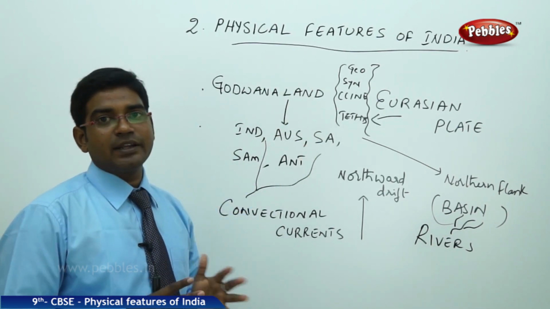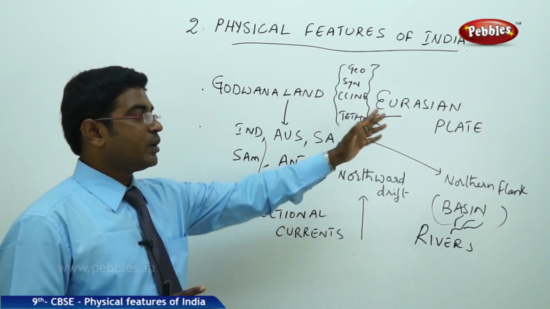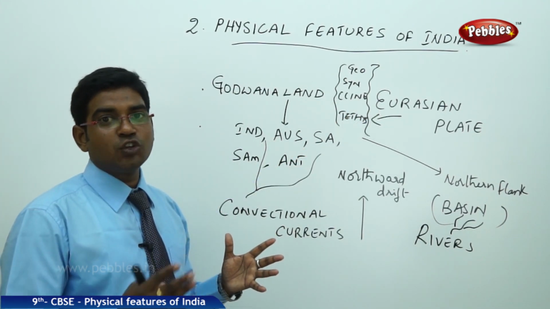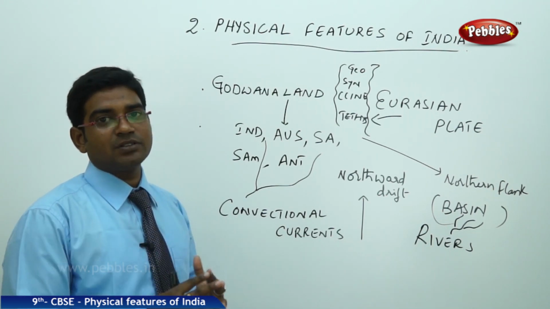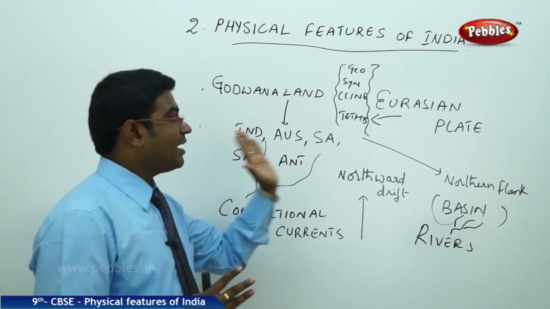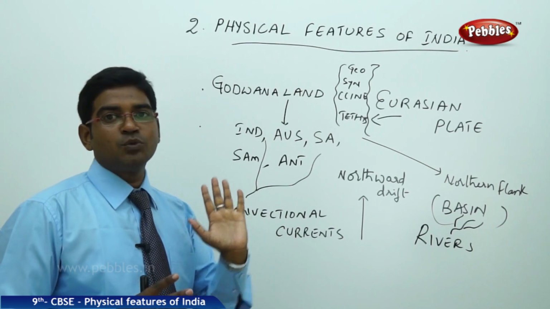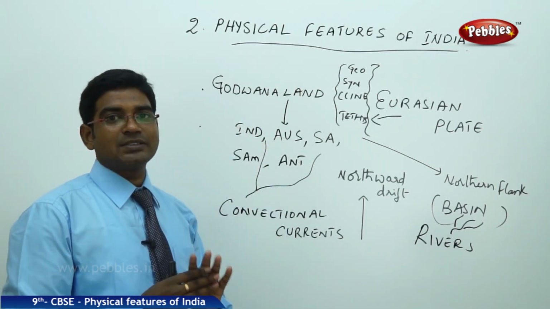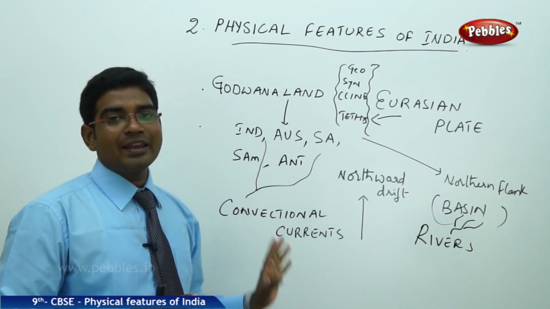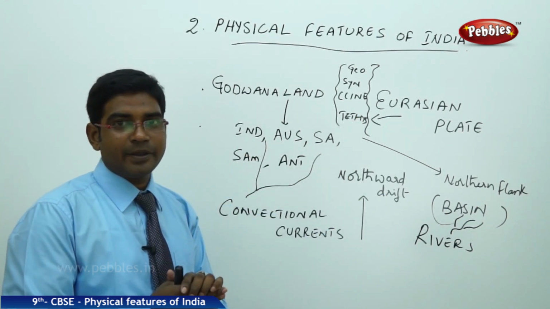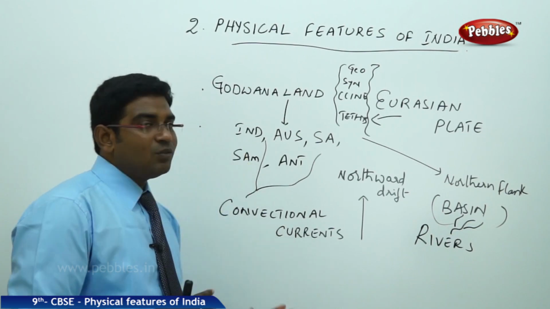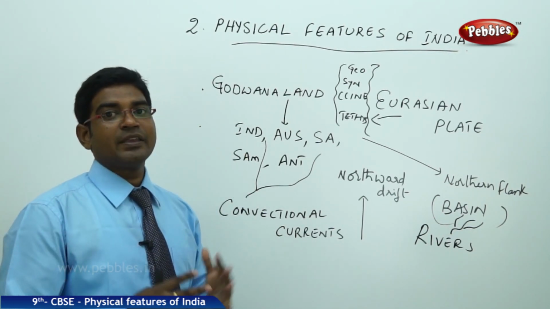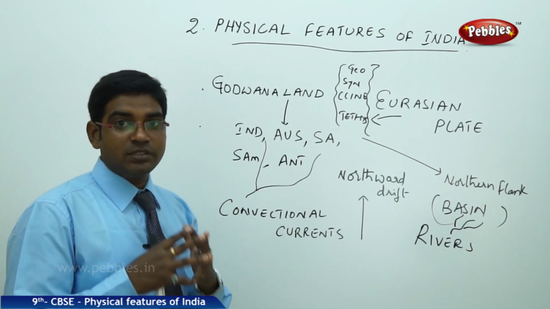In the northern direction, we have the Eurasian plate, which comprises Asia and the European land masses of the present day. So, when the Gondwana land plate is moving towards the Eurasian plate, which is already on the northern side, in the middle we have the geosyncline, the sedimentary rocks already present there, filled with the Tethys Sea.